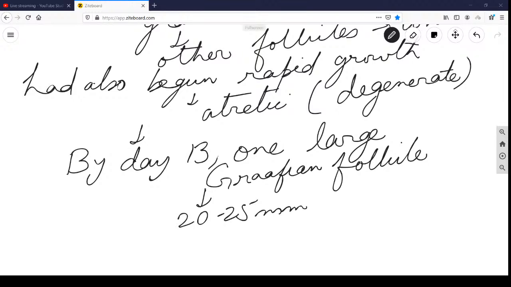The remaining large follicles, all the large follicles in each ovary, die by atresia, because in both the ovaries it keeps on happening.